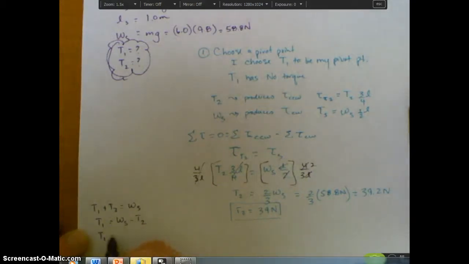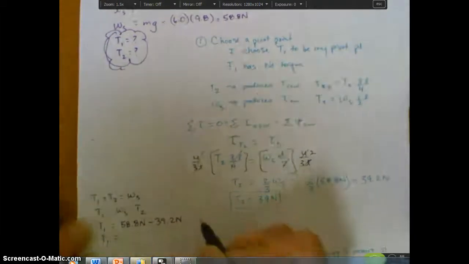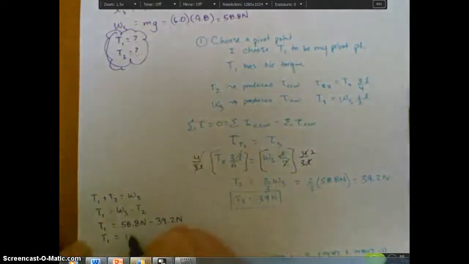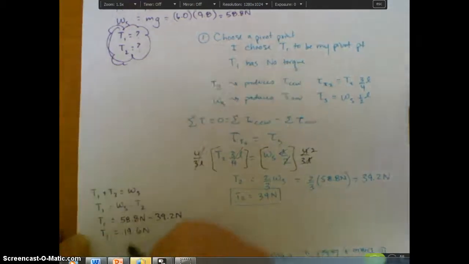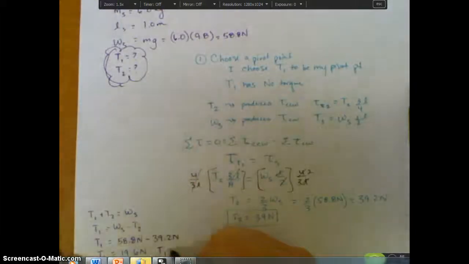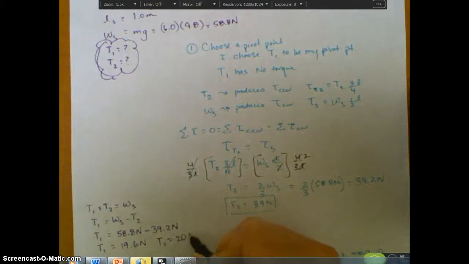So T1 equals 58.8 newtons minus T2, which was 39.2 newtons. So T1 is going to equal 19.6 newtons, which, if I'm using sig figs, which I should, T1 is going to equal 20 newtons.